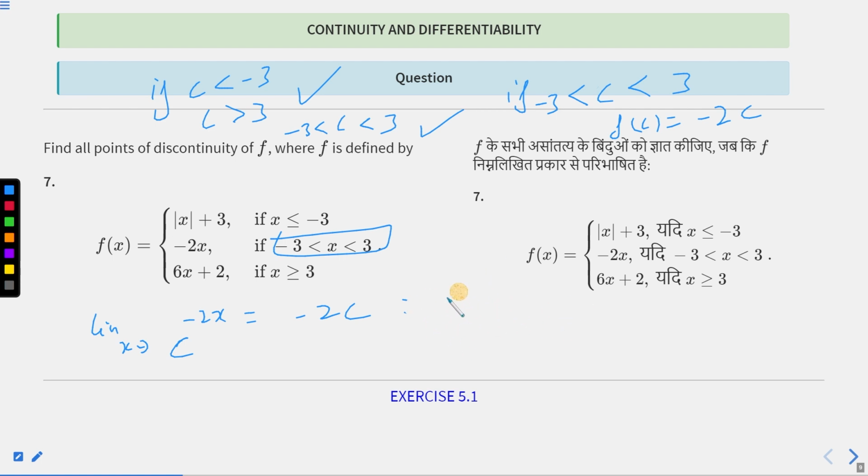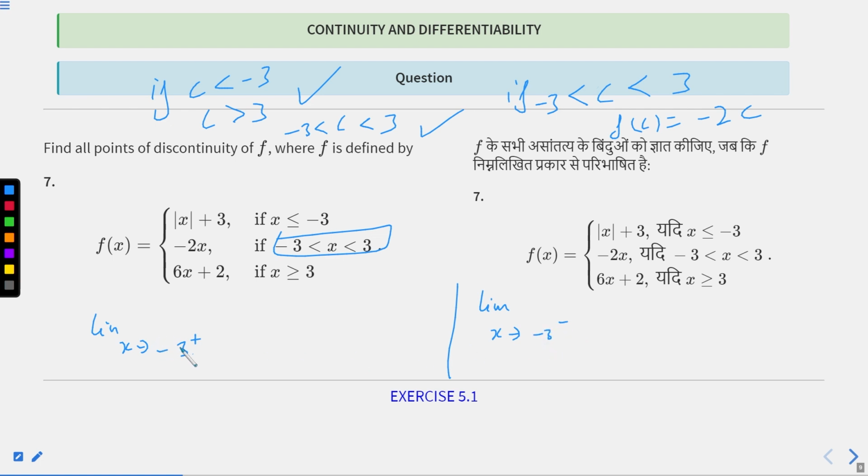Now talk about if c is minus 3, what will happen? If c is minus 3, then you all know I have to take two-sided limits: one from the left hand approach and second from the right hand approach.